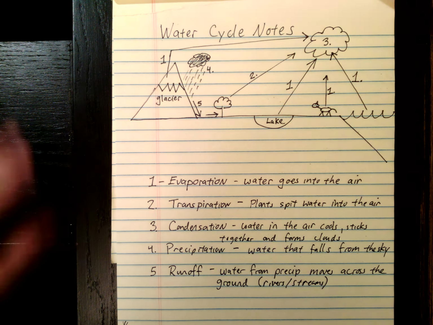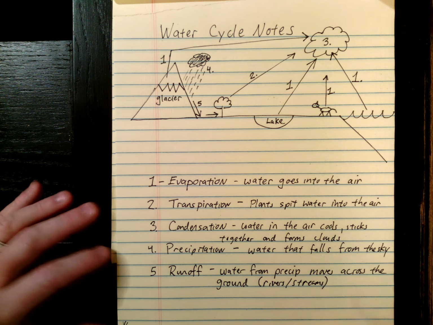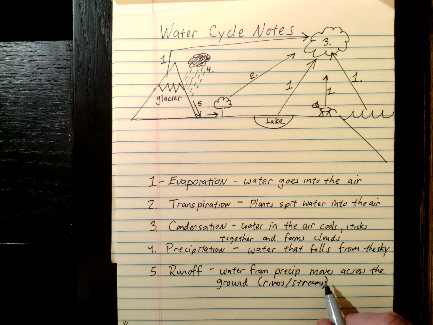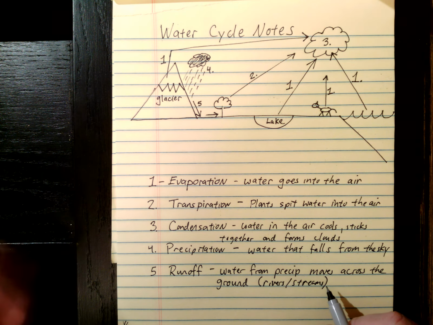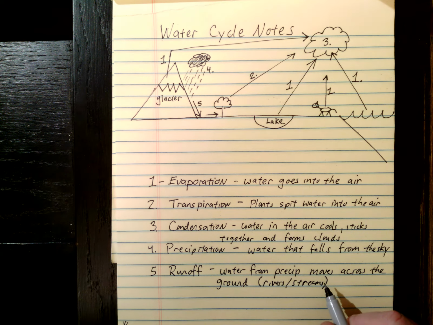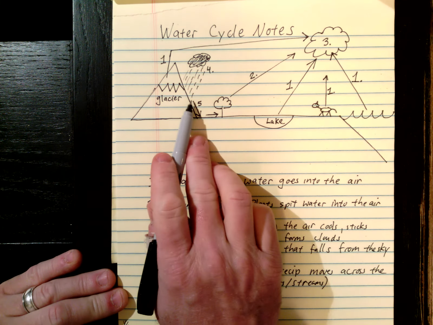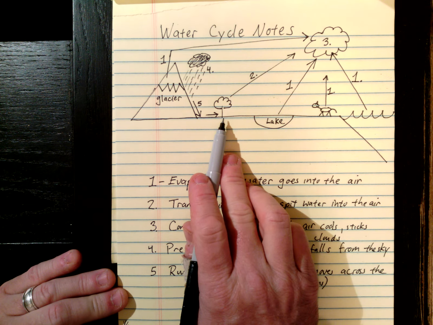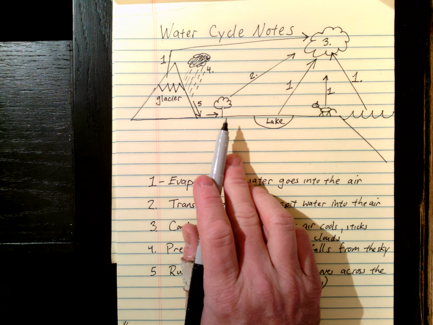It's flowing somewhere. That's runoff. Runoff is moving. A big lake is not runoff. It might be formed from runoff, but it's not the actual process of runoff because it is not moving across the surface. So you'll notice how I drew this. Oh, we got an arrow. It's coming down, and then it's moving across the surface. That is what runoff is.